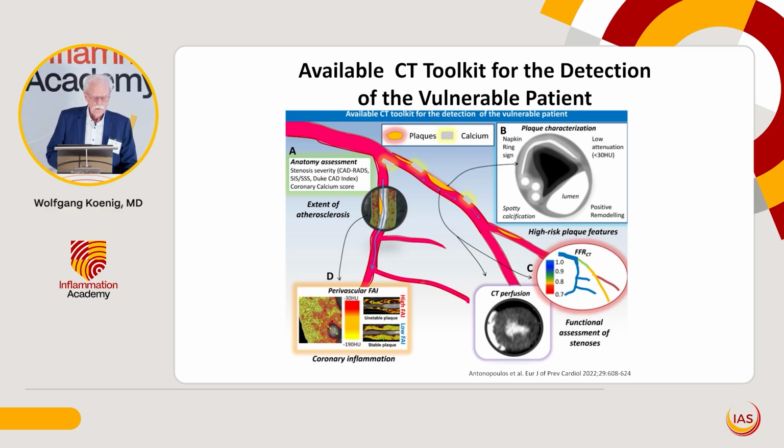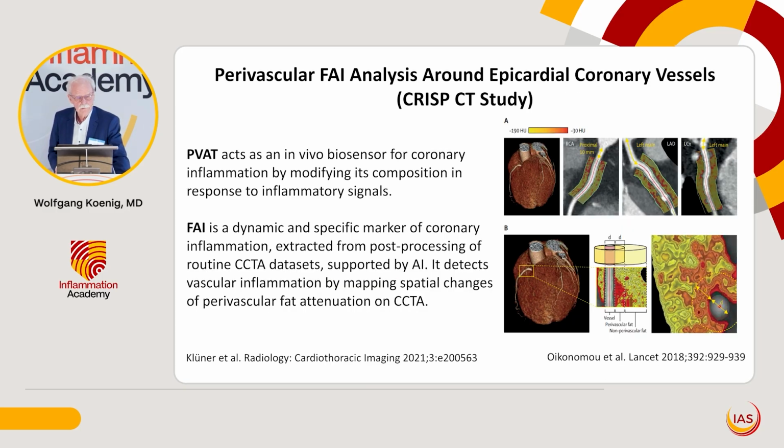And finally, there is a relatively new method that has gained some interest, the perivascular fat attenuation index on the left side. Now, perivascular adipose tissue, you can see that as a sensor for coronary inflammation through its modification in response to an inflammatory signal that comes from the vascular wall.